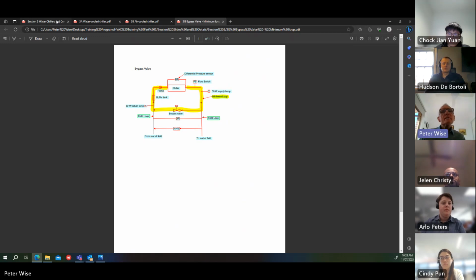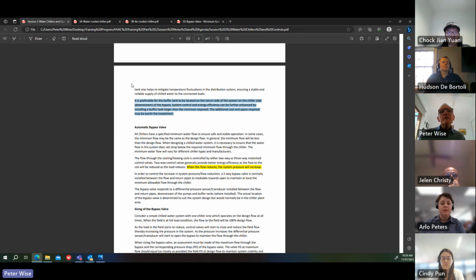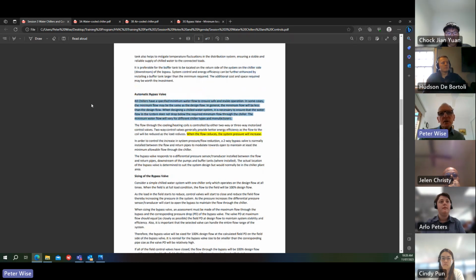Okay, now bypass valves. This is always an interesting one. They can be located in various parts, but all chillers have a specified minimum water flow to ensure safe and stable operation.